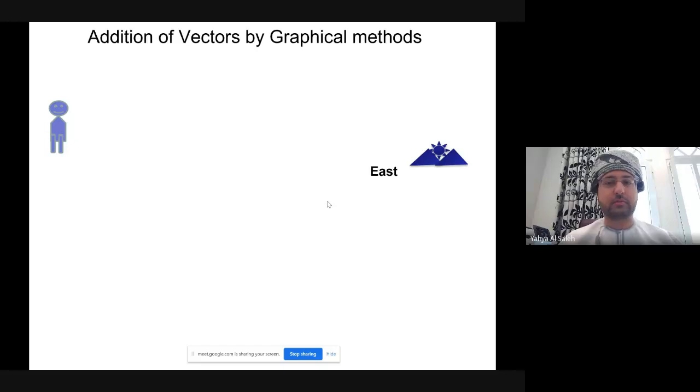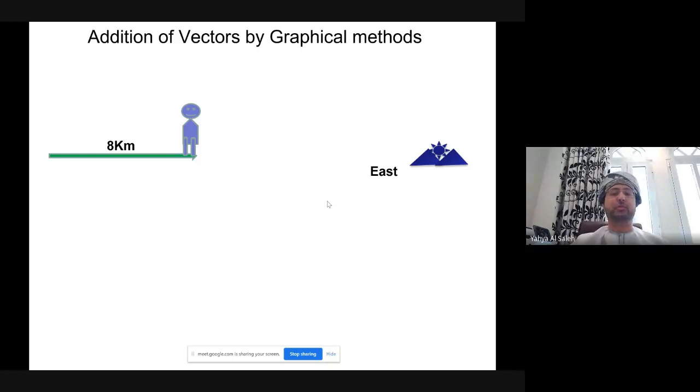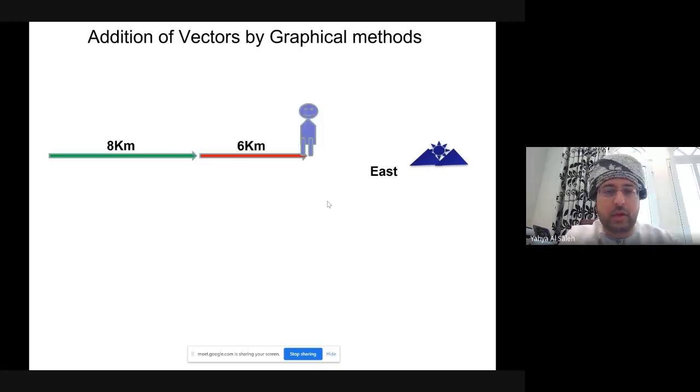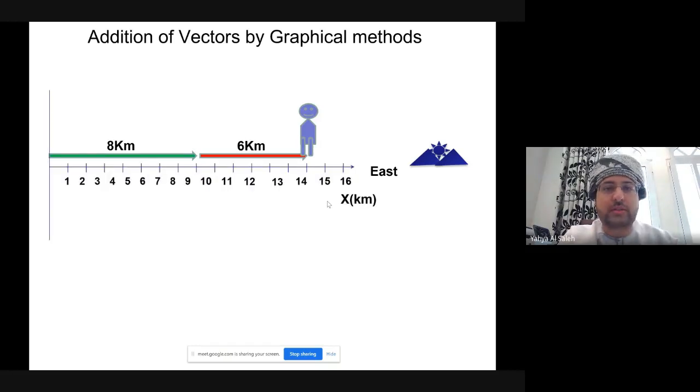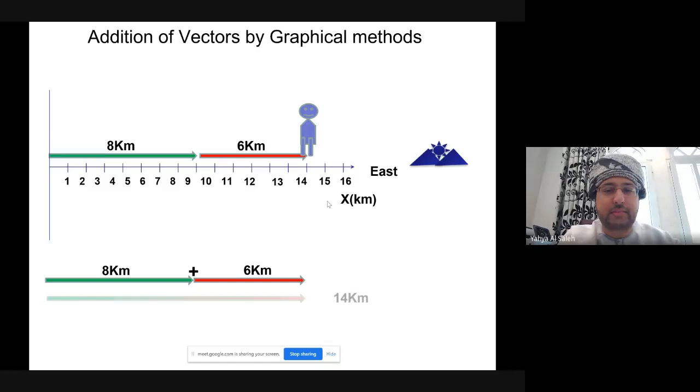Here's a person. The mountains are in the east, and the person is moving 8 kilometers east. That same person then moves 6 kilometers east again. So what is the total that person moved? Well, 8 plus 6 in the same direction equals 14 kilometers east.